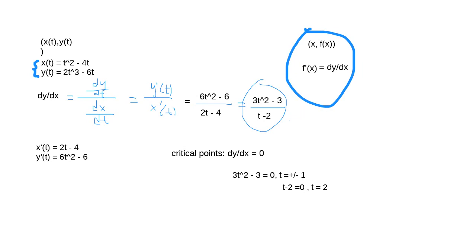So x of, let's find for positive 1. x of 1 equals 1 squared minus 4, which is just negative 3. Same thing, we want to find y of 1. y of 1 equals 2 times 1 cubed is 2, minus 6 times 1 is 6, so it equals negative 4.